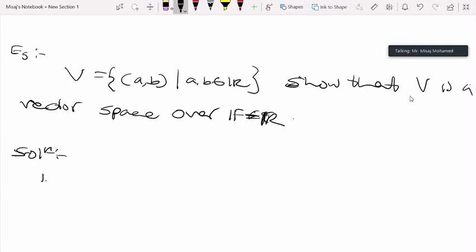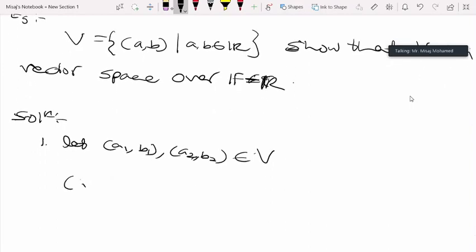So first property, let A1 comma B1 and A2 comma B2 be two elements. Right? Then take the vector addition. Vector addition is done component-wise.